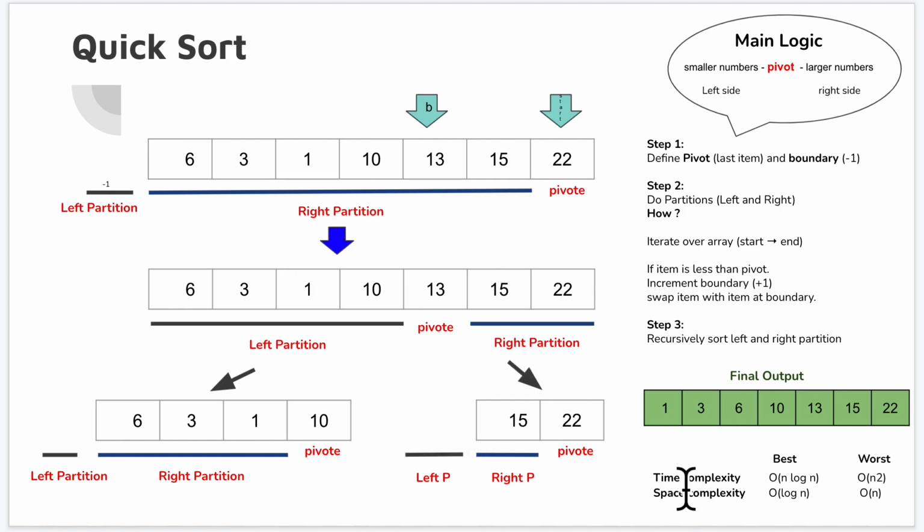So that's easy, and you will see it in the implementation. Now, what is the complexity? We have two complexities, time and space complexity, and we have best and worst cases. The worst case is when the array is already sorted and we define the pivot as the last index, then we have to do a partition of O(n) time, n times. So n into n, it will be O(n^2).